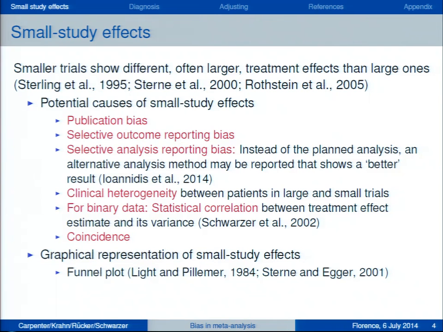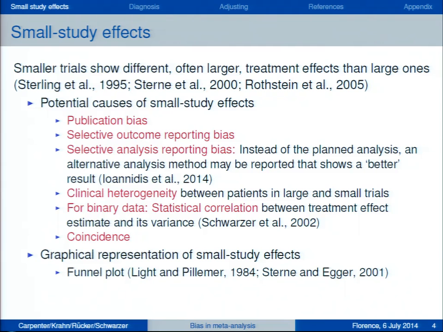But there are also other reasons not related to bias. The smaller studies might also have different patients than the larger studies. So there might be clinical heterogeneity between the patients in the large and the small trials.